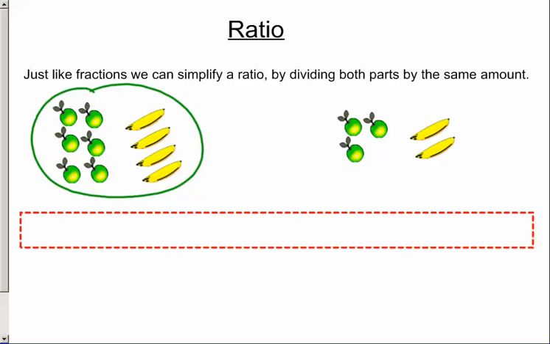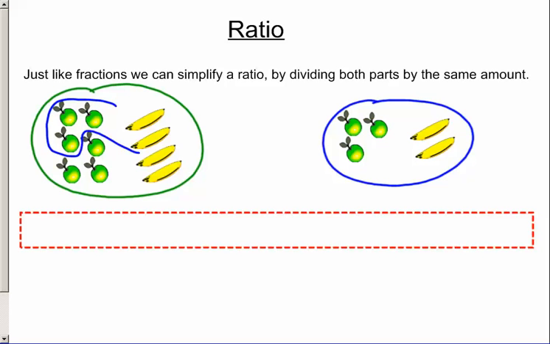On the right-hand side, we have for every 2 bananas we have 3 apples, but that's the same as the left-hand side. When we split it into 2, we have 2 bananas for each set of 3 apples. So these are exactly the same.